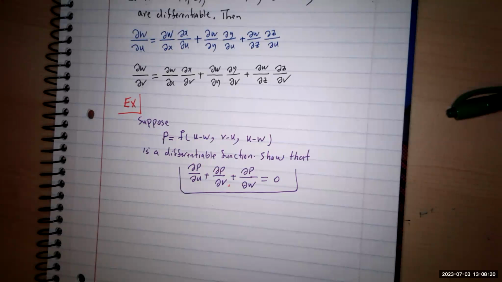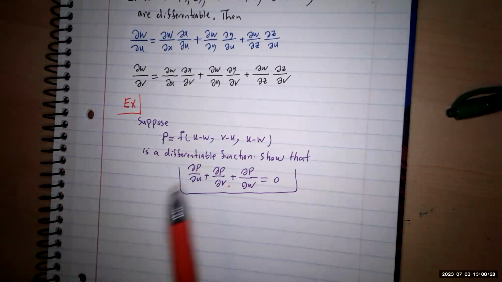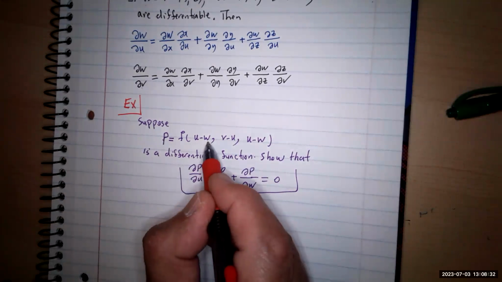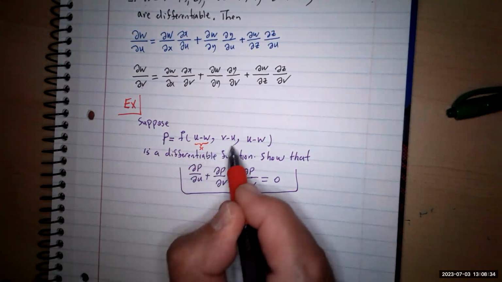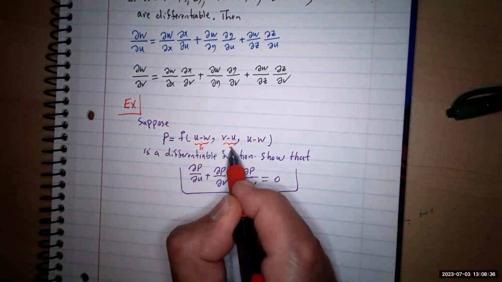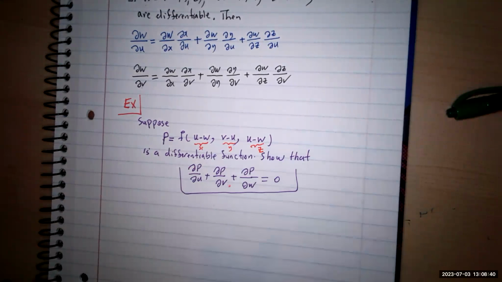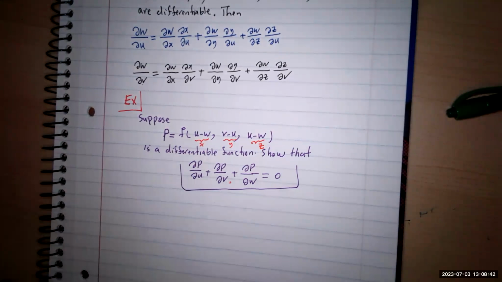You have to check this one and set it up into a form that is easy to handle. So this is basically a function of three variables, but the values are not given directly. So what you can do is call this one X, this one Y, this one Z. Then P would be a function of three variables.